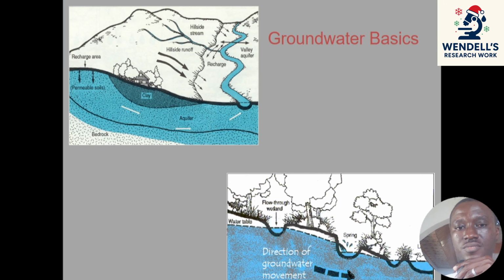So you'd realize that in the upper left corner, we have a picture there which has some hills and mountains and buildings and all that, and then you can see some streams, hillside streams, and valley discharges. When it rains, we talk about a catchment area.